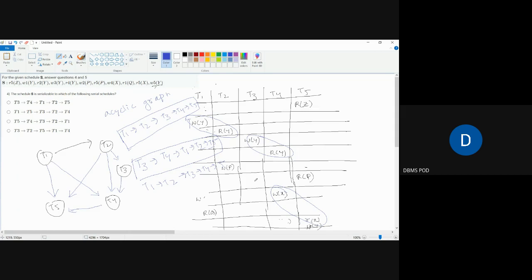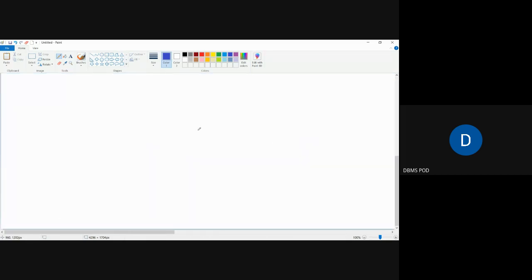If any question asks whether a schedule is view serializable or not, first you have to find out whether it is conflict serializable or not. If it is conflict serializable, then you can directly say that it is view serializable. If it is conflict serializable or view serializable, we can say that it is equivalent to a serial schedule.